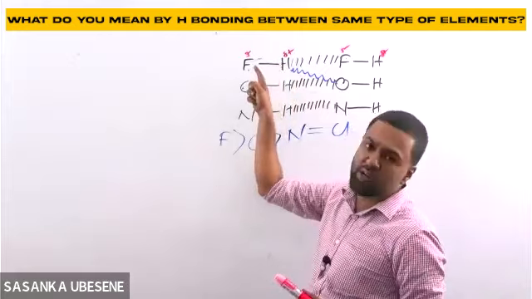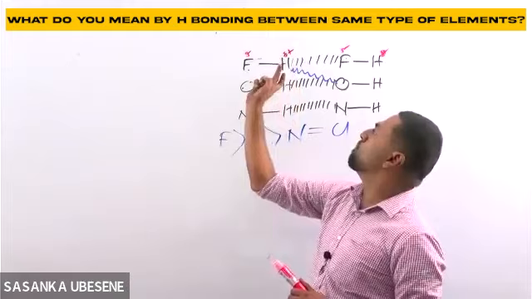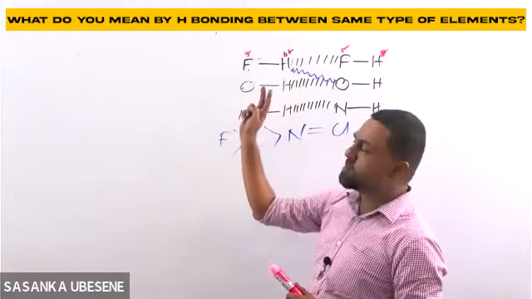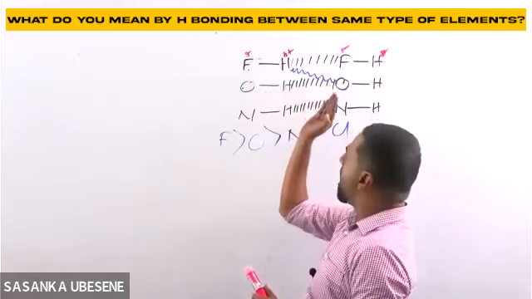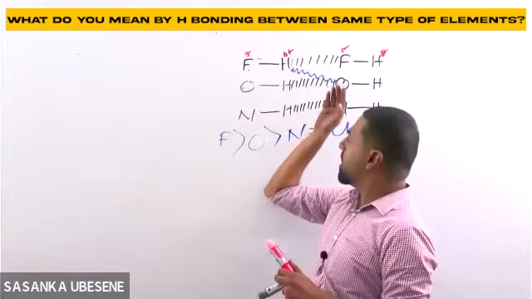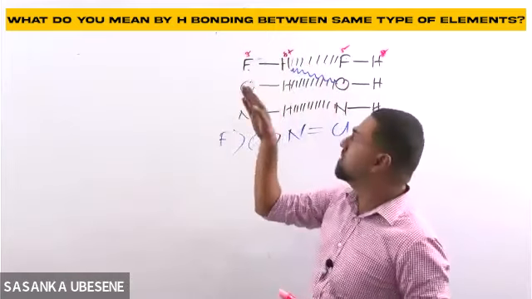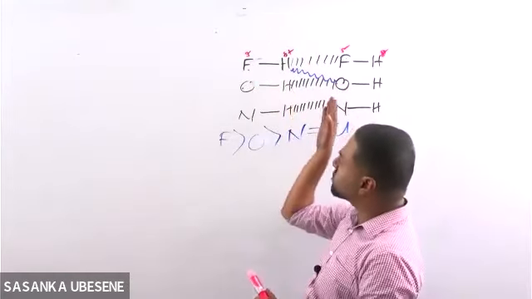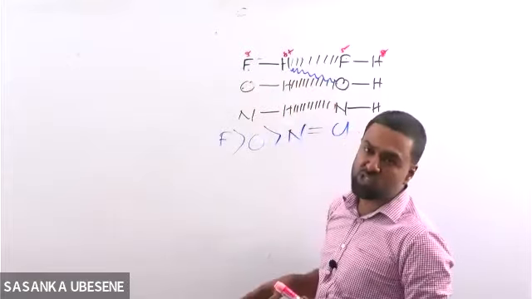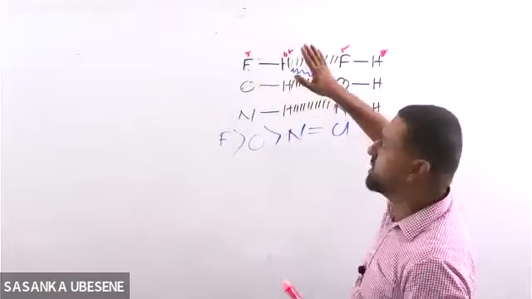Because fluorine is more electronegative than hydrogen, so the pair of electrons is attracted towards the fluorine atom. Here the pair of electrons is attracted towards the more electronegative oxygen atom. So you have a fractional positive charge on the hydrogen atom.